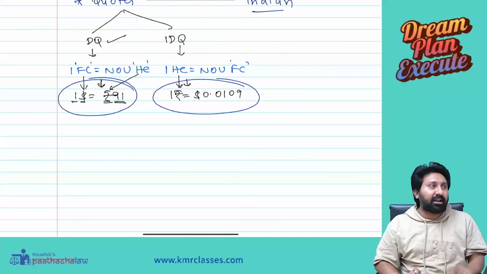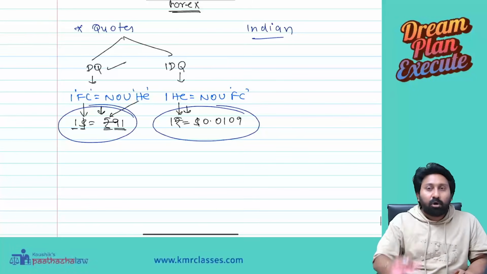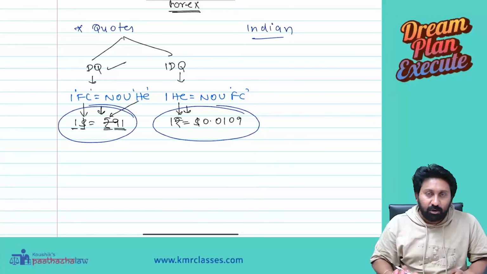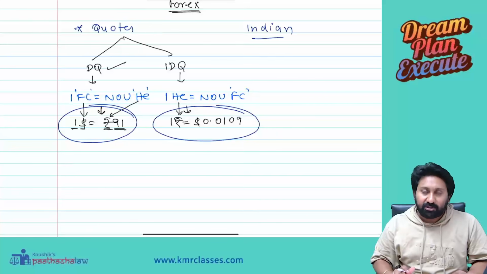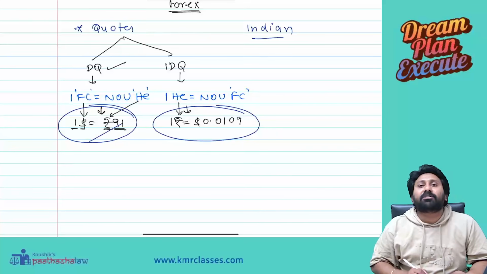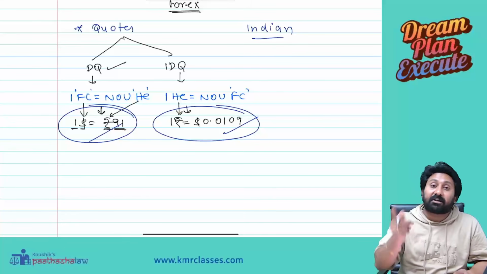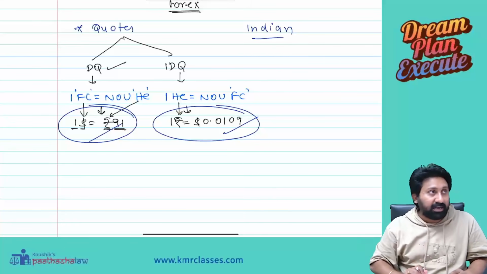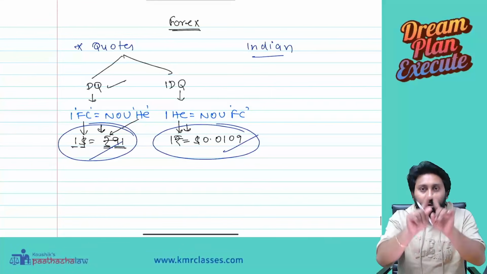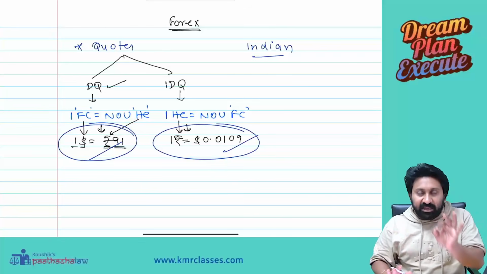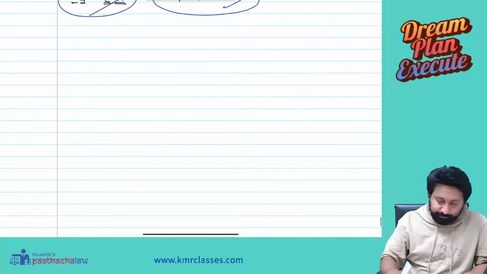Both sides are dollar, because for an Indian banker, rupee can never become a foreign currency. Rupee is always a home currency only. So therefore, this is a number of units of home currency for 1 unit of foreign currency. This is a number of units of foreign currency for 1 unit of home currency. This is the prime difference between both the quotations. Okay, I think everyone has full clarity up to here.